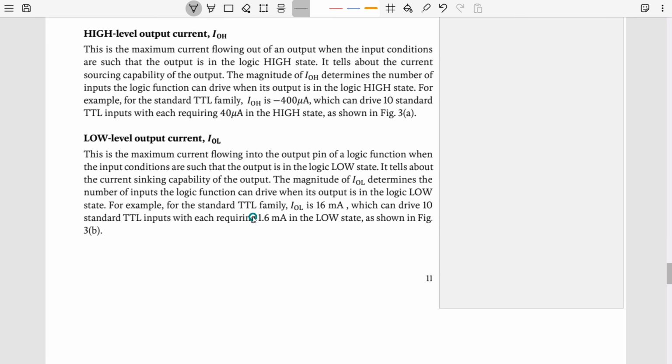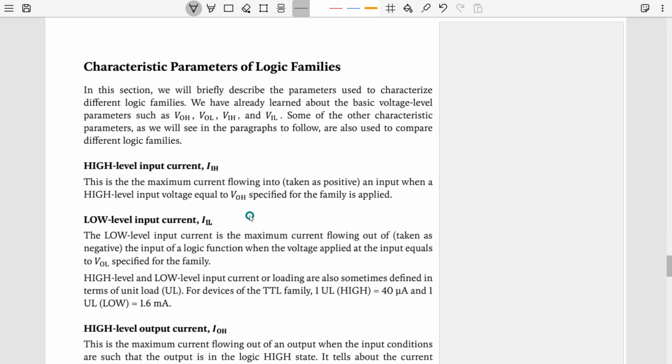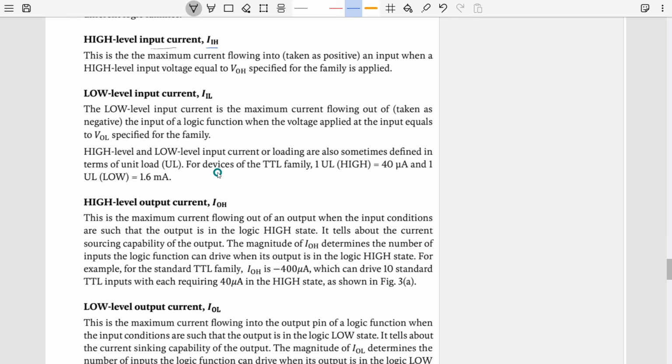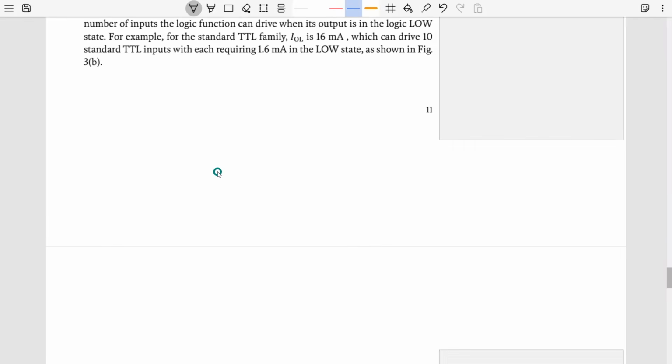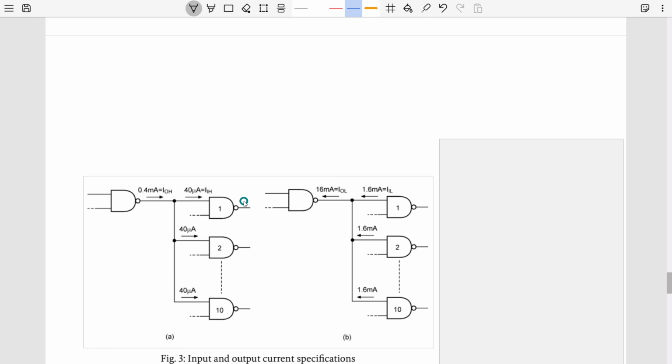So what we are saying here for the first one is high level input current, IIH. So we are talking about input current. Let's say I'll just take one example here.